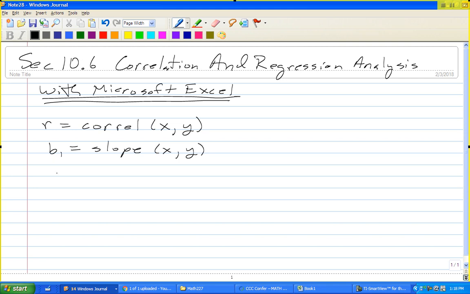To find B0, you say intercept. And to find Y, you would say forecast.